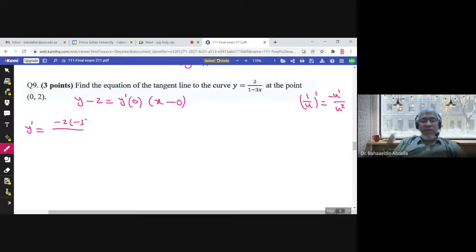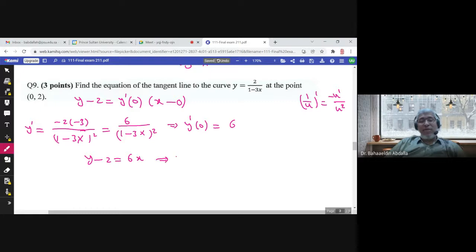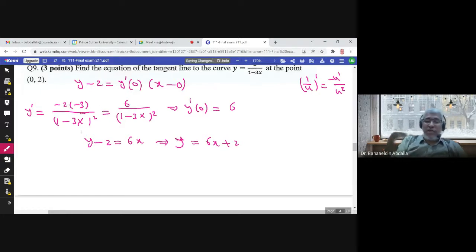It's negative 3 over 1 minus 3x to the power 2. So the derivative is 6 over 1 minus 3x to the power 2. So y prime at 0, I replace x by 0, so I'll have 1 squared, which is 1. 6 over 1 is 6. So the equation is y minus 2 equals 6x. You can't leave it like this, or you can write it as y equals 6x plus 2. This is the equation of the tangent line.